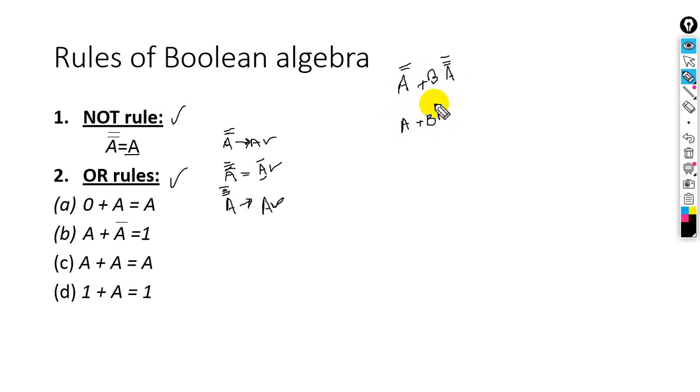So we will write just like this. Why? Because a double bar is equal to a, and a triple bar is equal to a bar.